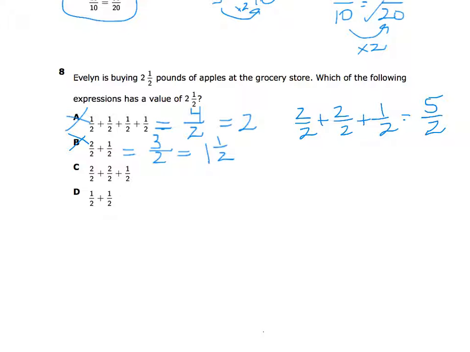If I do that, I'm going to get 2 goes into 5 2 times. 2 times 2 is 4. 5 minus 4 is 1. That's my new numerator, and the denominator stays the same. Well, this one looks like it's 2.5, but let's check the last one. I have half and a half. So that's going to equal 2 halves. 2 divided by 2 is 1. So the only one that works is letter choice C, for number 8.